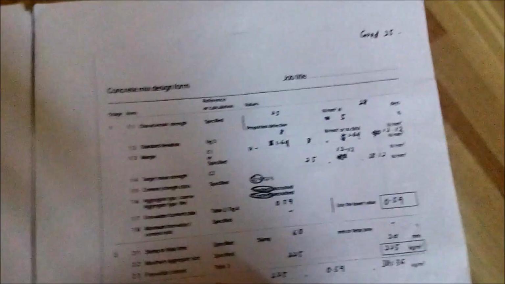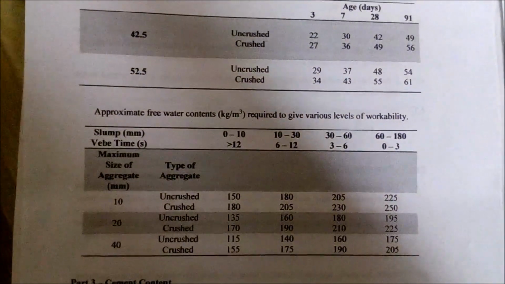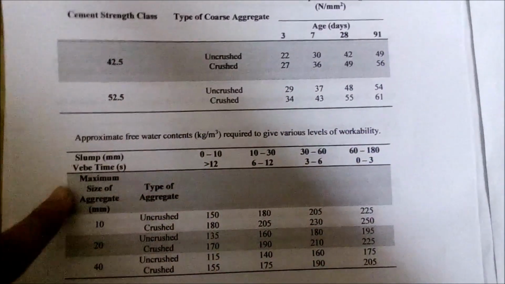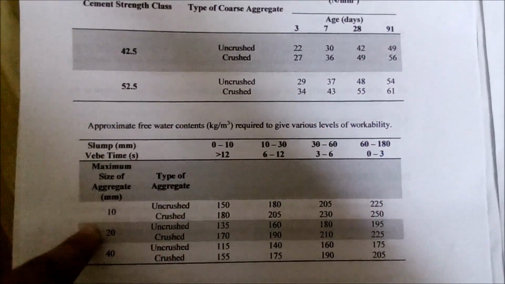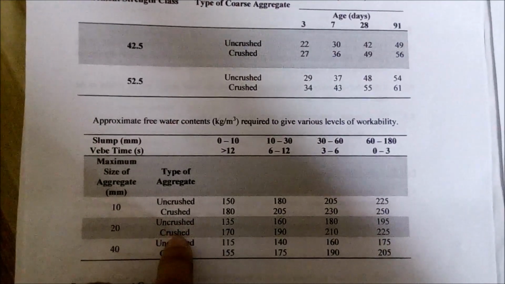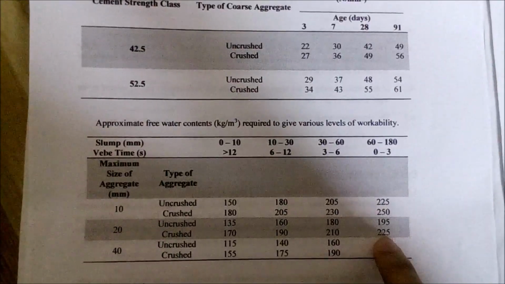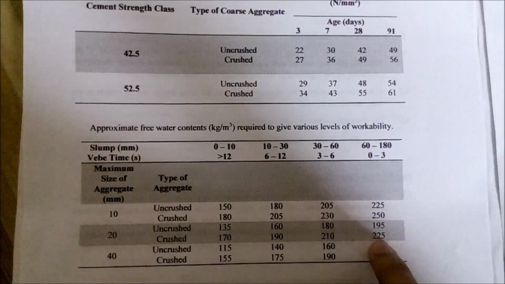We get this value from the table. Our slump value is 60, maximum size aggregate is 20, and our type of aggregate is crushed. So we get that free water content is 225.